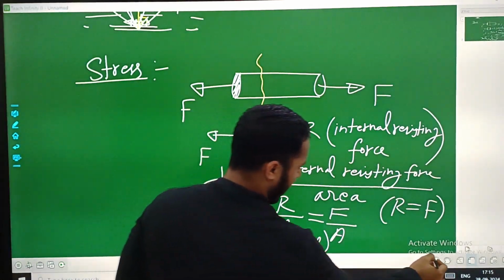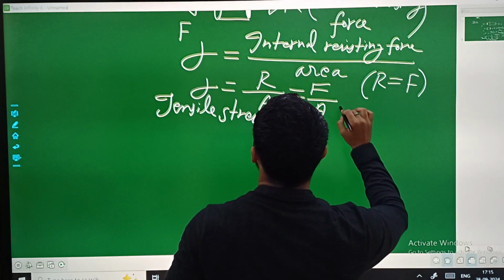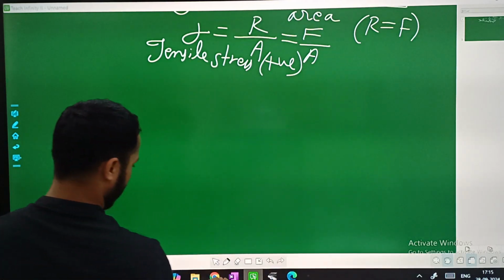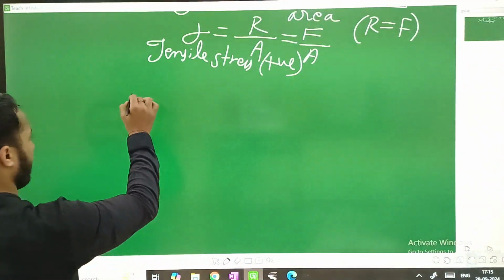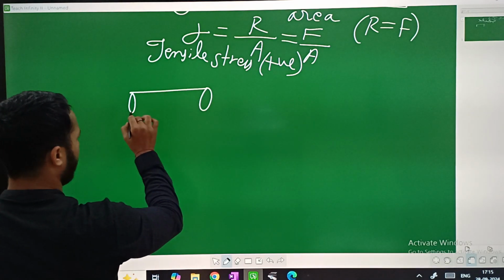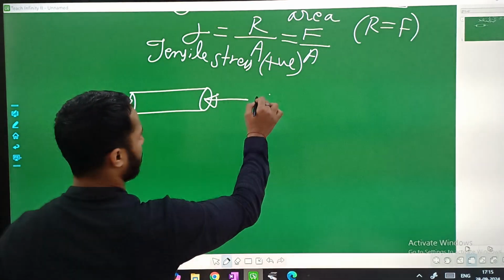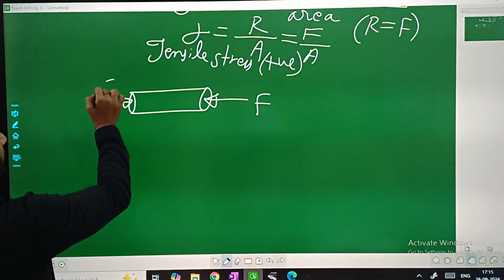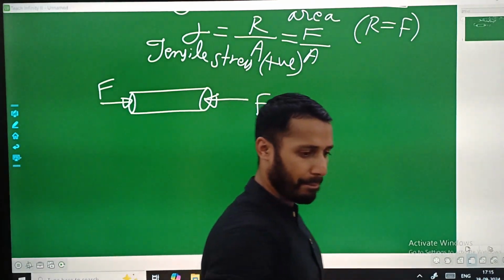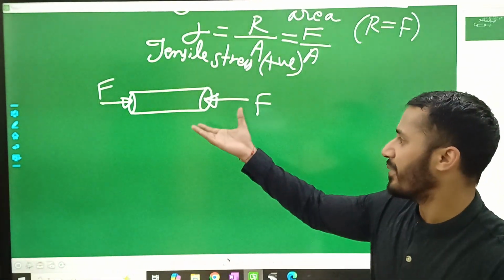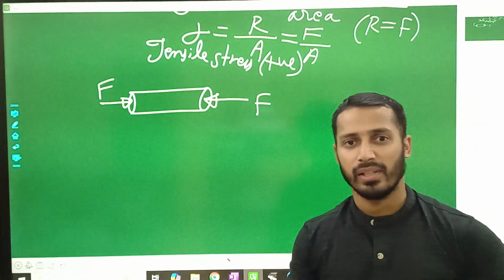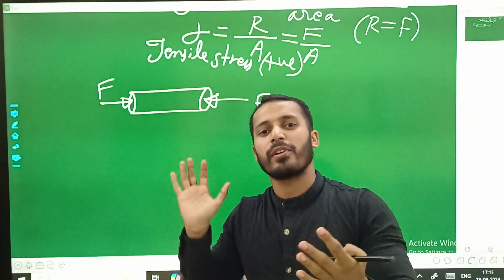One more case I would like to take. Please see here. Again I am considering the rod. This time I am applying the force to compress the rod. Here we are trying to compress the rod. This F I am applying externally.